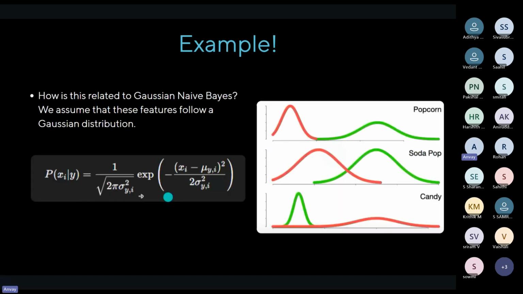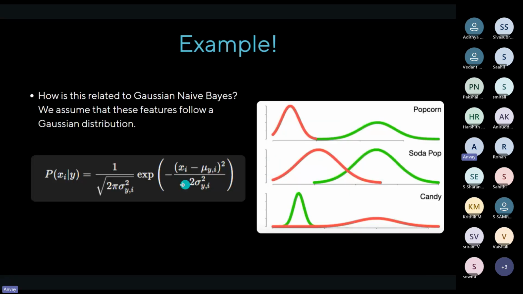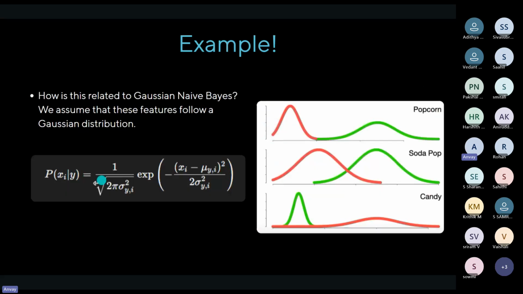So what we do is, if you're given a new value, to figure out the probabilities, we assume that these features follow a Gaussian distribution. So if I want to find the probability of, say, popcorn given they like Troll 2, then I would use this formula here, where y is your class and x is your feature.